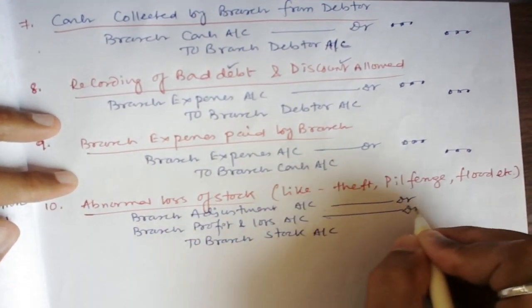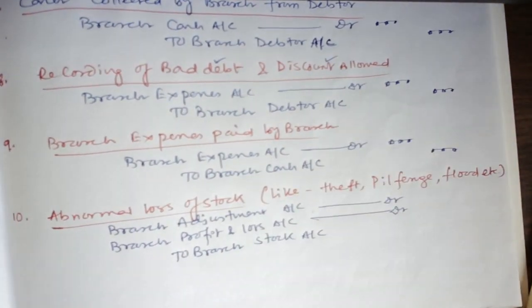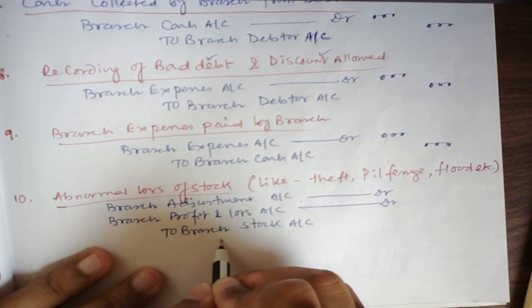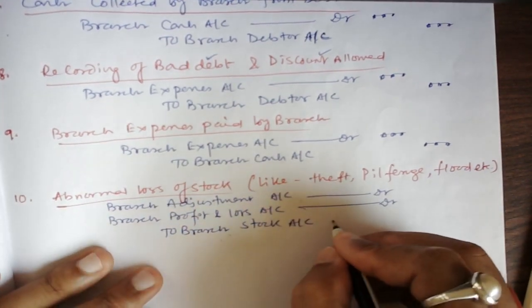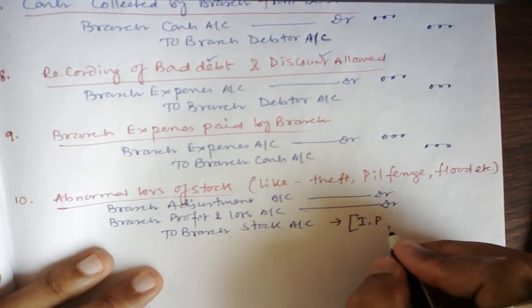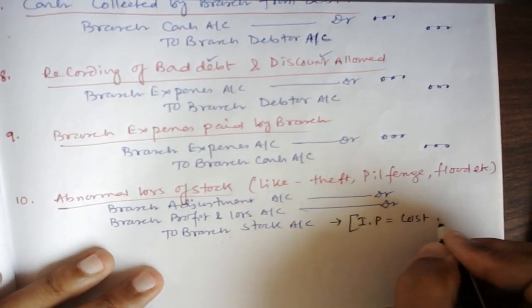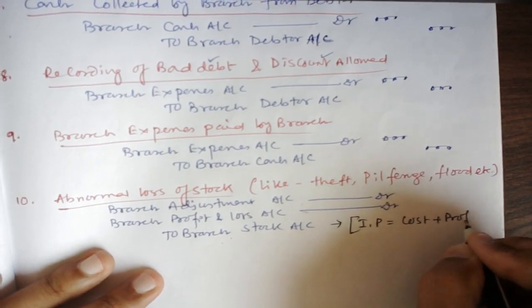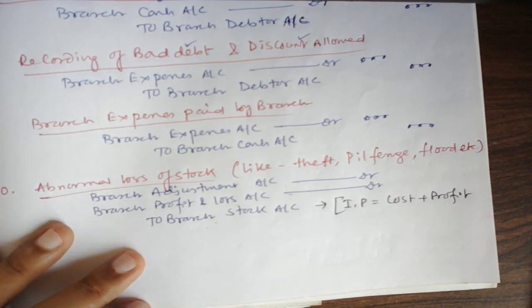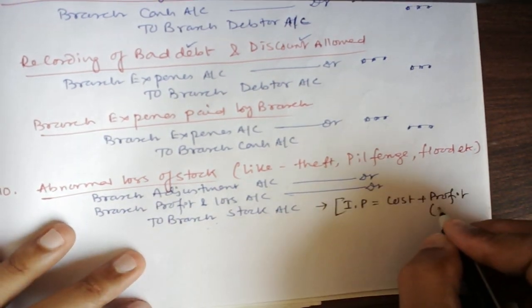Now I'm going to tell you two very important things here. See, in case of branch stock, you have credited branch stock here. So in the branch stock, you are going to put the invoice price value. It means cost plus profit. And in the branch terms, in the branch language, you are not using the word profit. Rather, we are using the word loading.